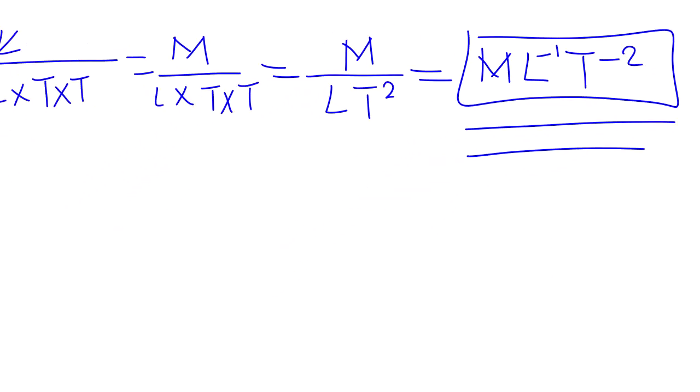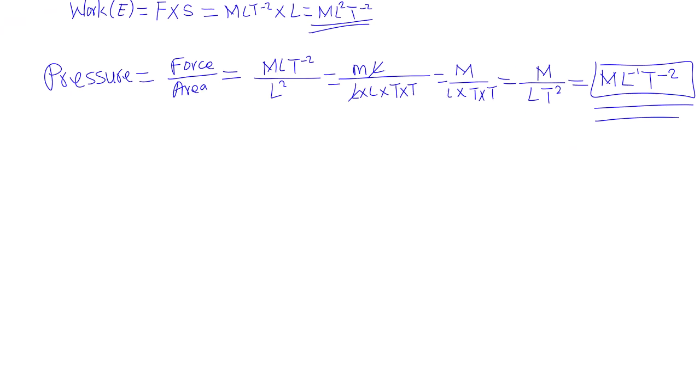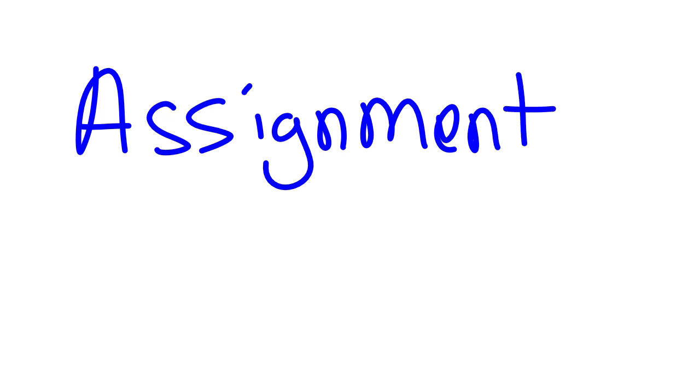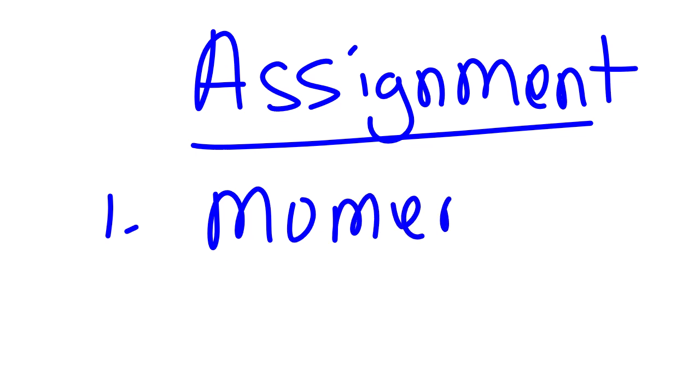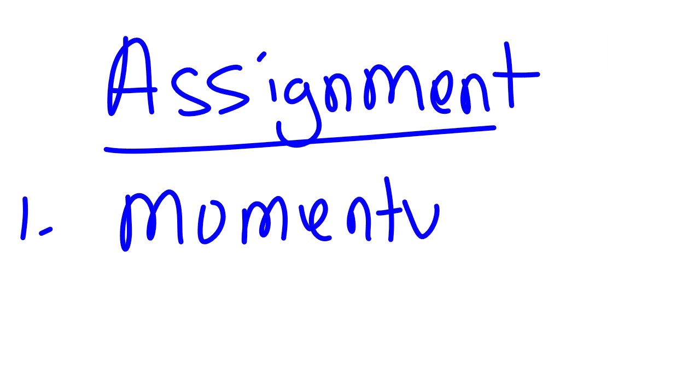That's all we have for you about dimension, but I will leave you with an assignment. The assignment will be on finding the dimension of momentum. First assignment is to find the dimension of momentum. I will give you the formula of momentum.